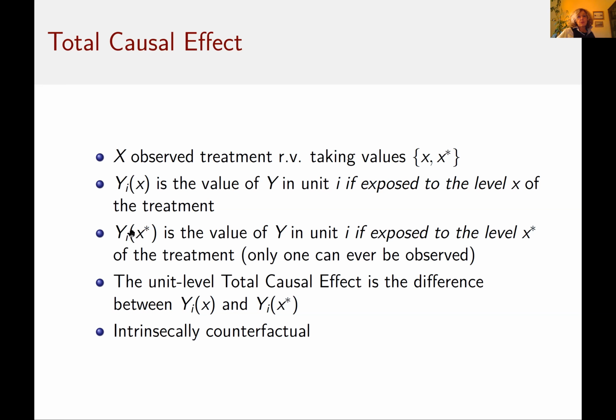The same when instead of being exposed to the level x it is exposed to the level x star, and obviously only one of the two can ever be observed, and this is why it's also called potential outcome. The unit level causal effect is the difference between this value of Y under the two interventions, and is clearly intrinsically counterfactual.